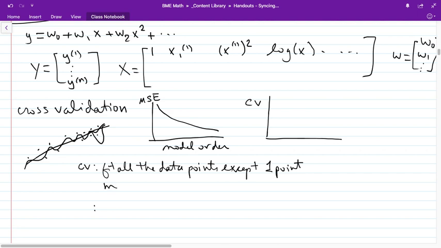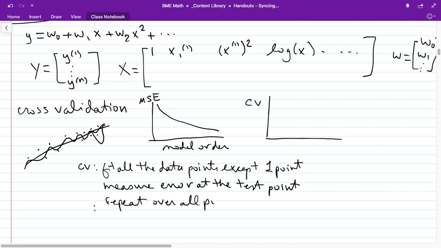We measure error at the test point. Then we repeat over all points. Then CV error is the average error over all the test points.